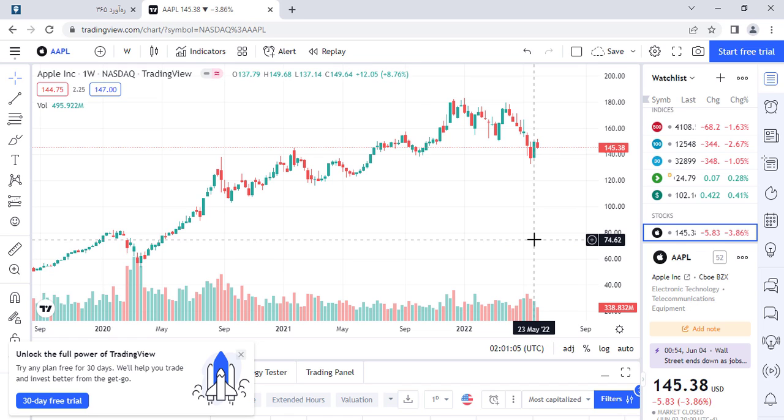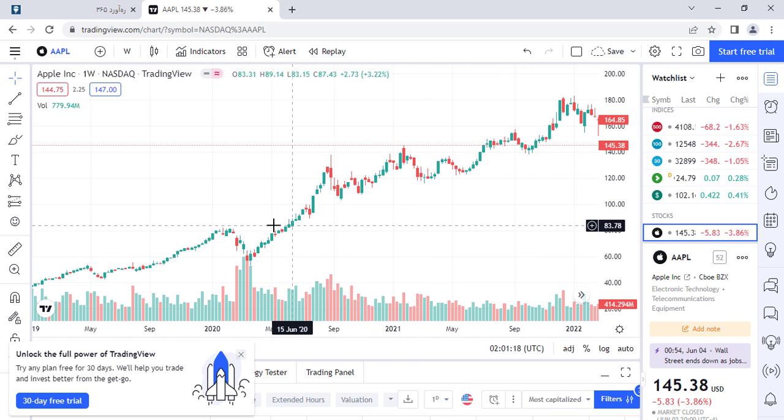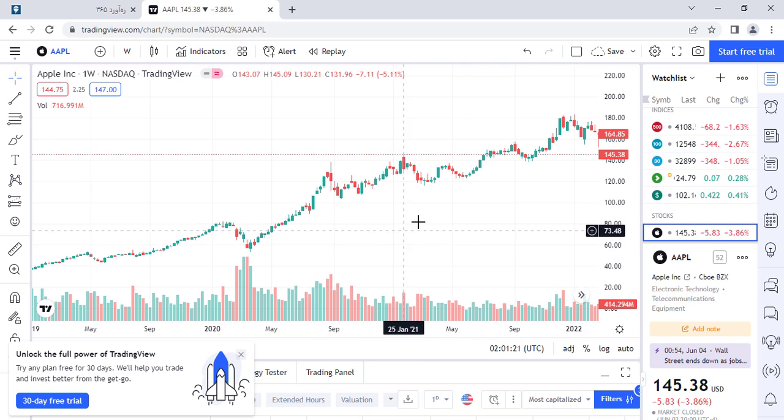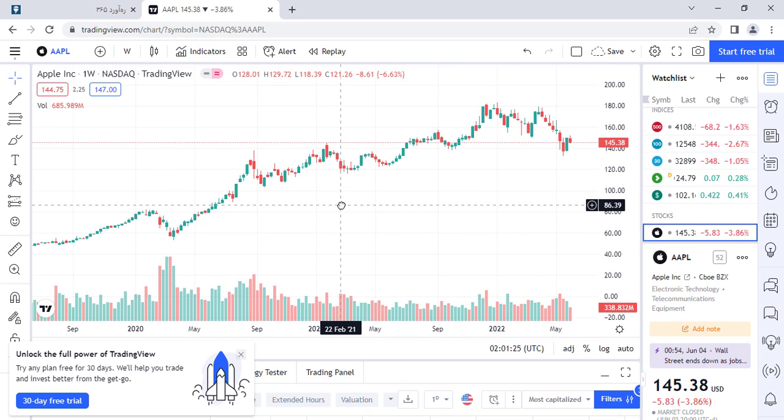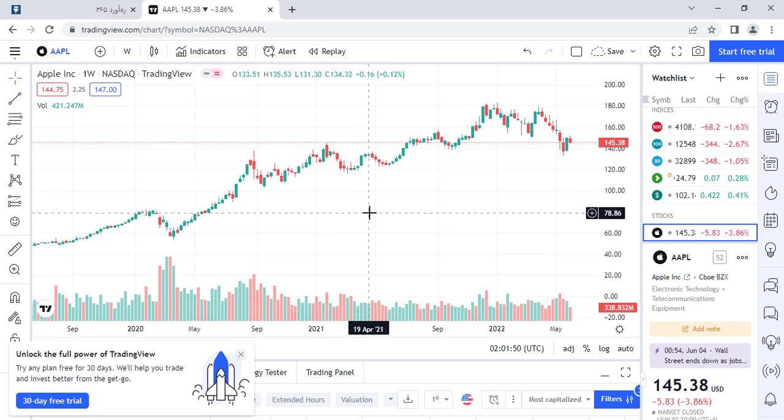We are in the month of May, 2022, and this is information that we can extract from charts. We can understand this information from charts.